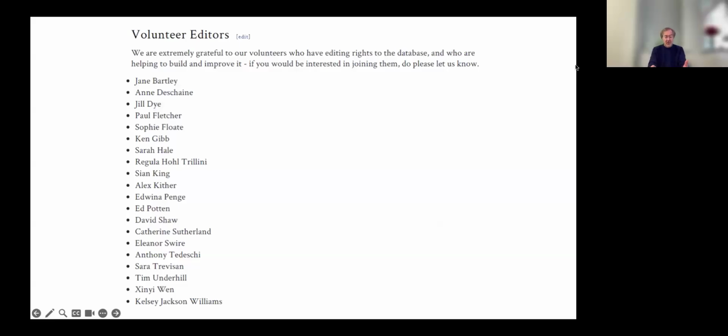How have we built this thing? How's it been done? Well, it started with a body of data that I put together over many years as part of various research projects, which created the building block for the 17th century entries. And the Bibliographical Society agreed to take it on as an e-publication.